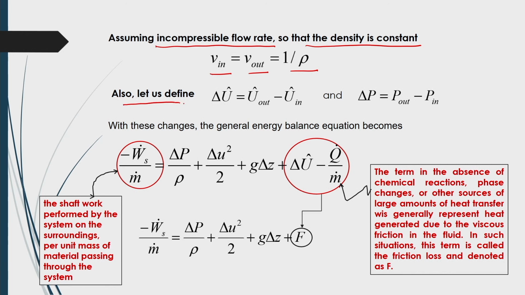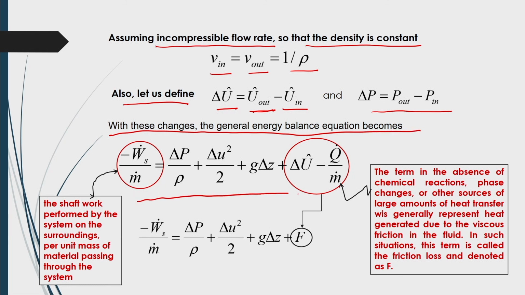Similarly, let us define delta U hat equal to U out hat minus U in hat, that means the specific internal energy difference of the outlet condition from its inlet condition, and delta P will be P out minus P in. With these changes, the general energy balance equation can be written like this after simplification.